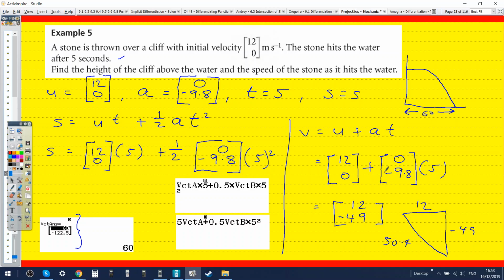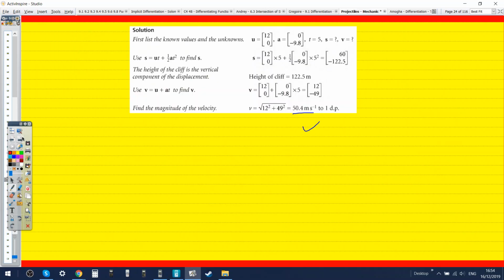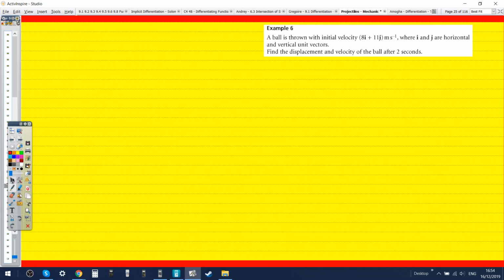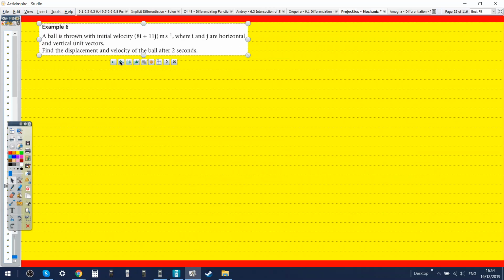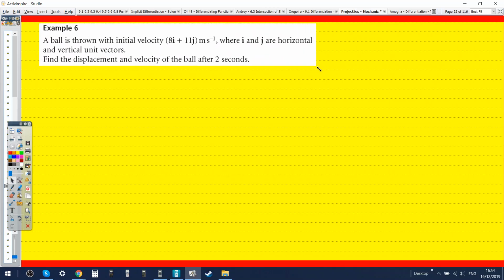Could we use tan again? Yeah, and in fact, it will always be tan. It will always be arctan of opposite over adjacent, so it'll always be the j over the i. Arctan of the j over the i for that one. Okay, let's try this.